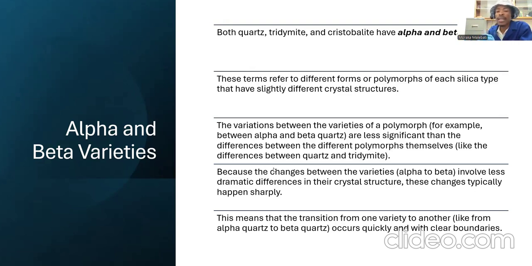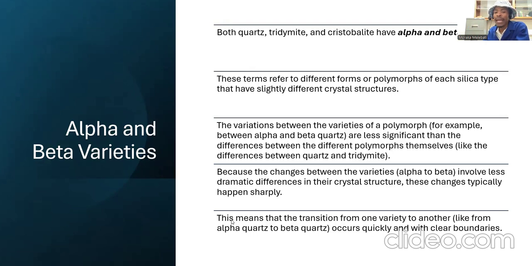The changes between the varieties, alpha to beta, involve less dramatic differences in the crystal structure. These changes typically happen sharply. What we're trying to say is that when you are changing alpha to beta, the change is not that significant, but when you are changing quartz to tridymite or tridymite to cristobalite, the variation is so dramatic.